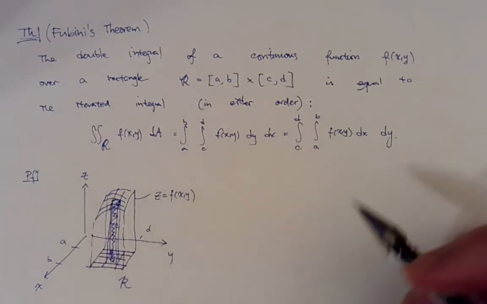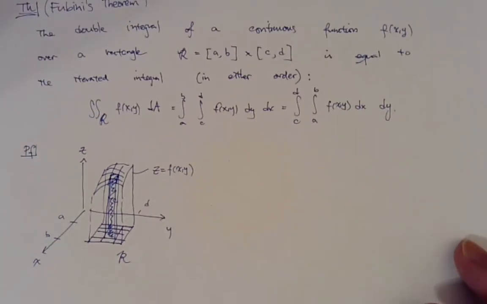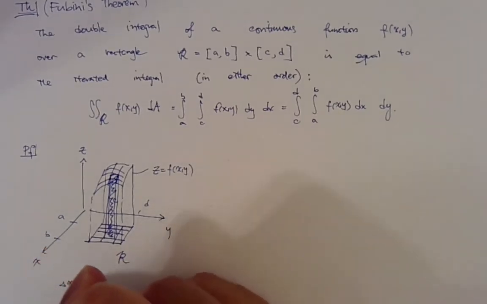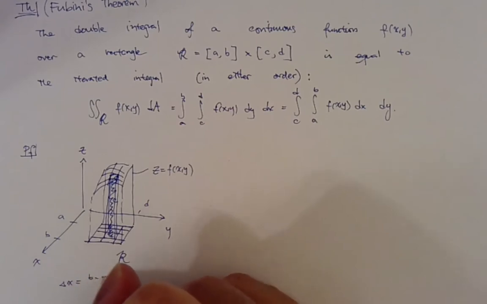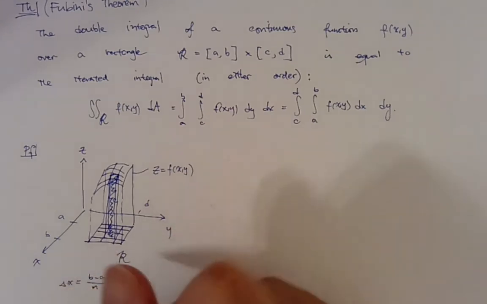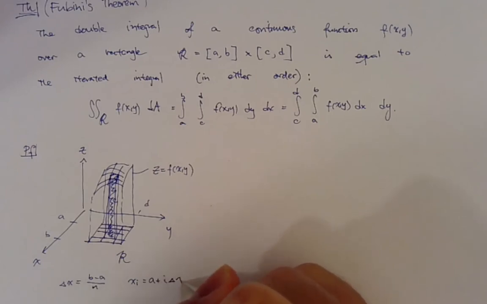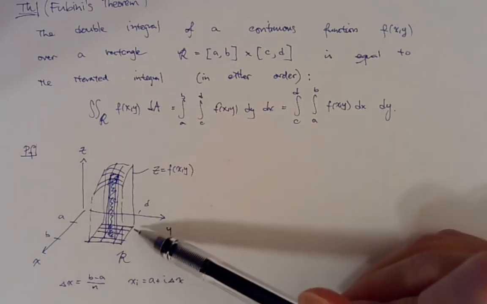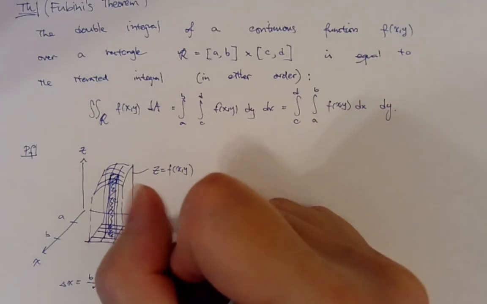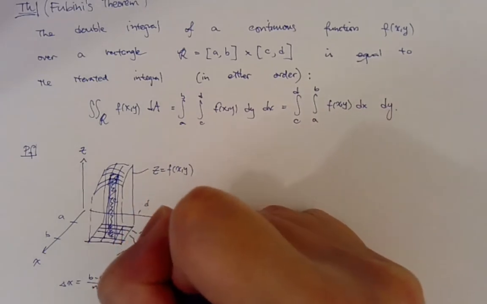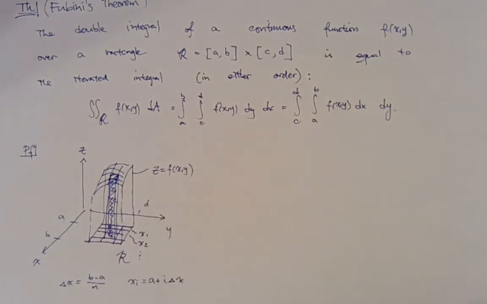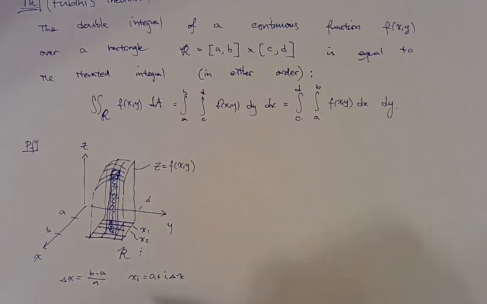So as before, we need to set up some notation, and we can use the same thing. Delta x is b minus a over n. X sub i is a plus i delta x. So we're sampling the points here: this would be x1, x2, and so forth. We also need to do the same thing in the y direction.